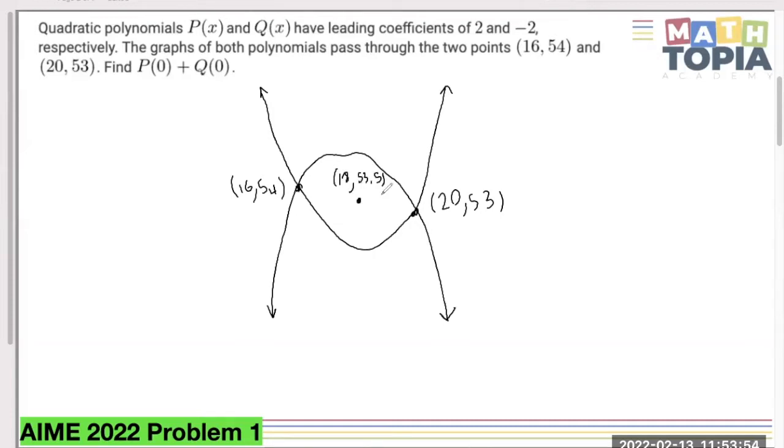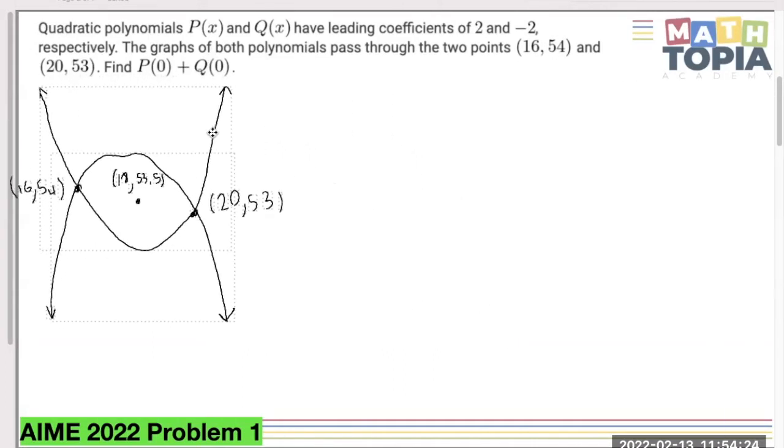The special thing about this point is that if we take the parabola P of x and rotate it about this point, we end up with a parabola with -2 as its leading coefficient, and it still passes through these two points. Which means it has to be Q of x, because there's only one parabola that meets those requirements. So basically, rotating P of x 180 degrees about this point must give us Q of x.